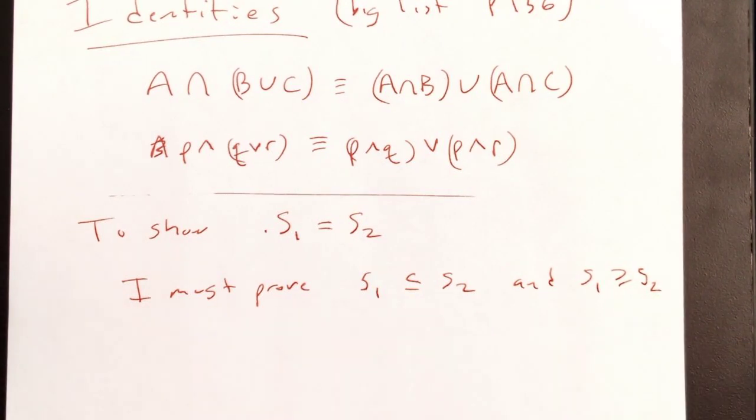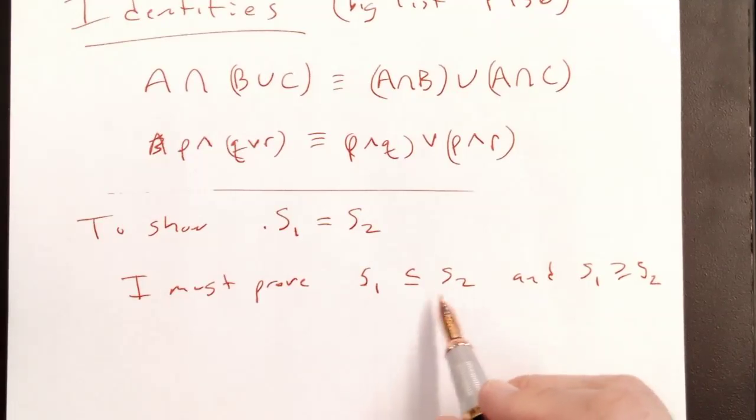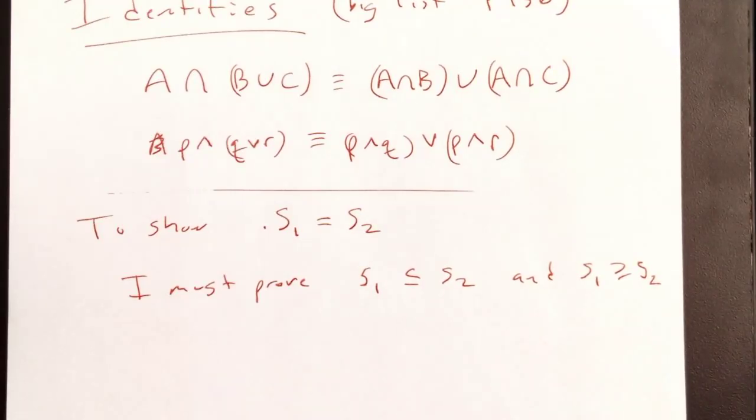I really have to show that everything in set one is also in set two. In other words, that set one is a subset of S2. So everything in S1 is also in S2. But then I have to show it the other way around. Everything in set two is also in set one. So every proof is very much like an if and only if proof. I have to show two different things. This does not sound like fun.